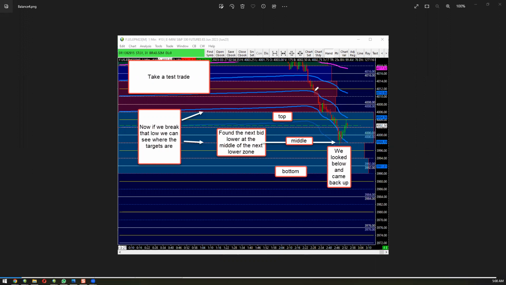That's all you're doing. So as you notice, we came to the middle of the lower breakout range, looked below, and came back up, right? So what I would do is I would take that trade again here, right? So I'd be buying 99s and under 4,000 and selling 4,002, 4,003.